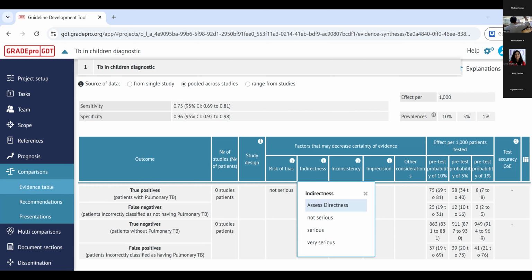But if we're looking at it in terms of patient outcome, then it is indirect. So if you come to our PICO scenario, we are looking at it only in terms of comparison of test outcomes. So for our PICO scenario, I would put it as not serious. However, if you're a clinician practicing and looking at it in the context of one patient, it is indirect.